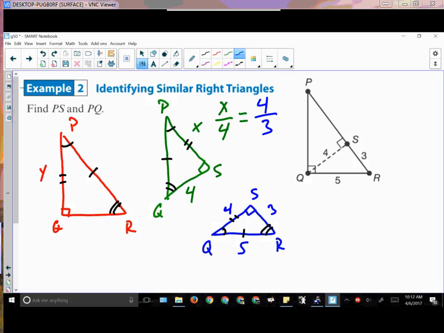So that means that it's going to be 4 times 4 divided by 3, which turns out to be, in this case, 16 over 3, or if you like, 3 1/3. So that is going to be the value for X. Okay. Does that make sense?